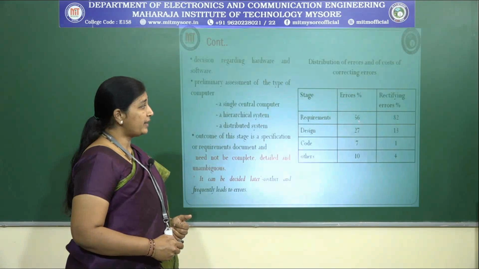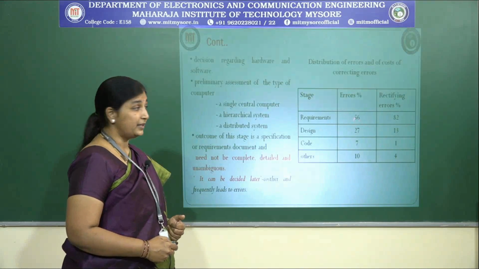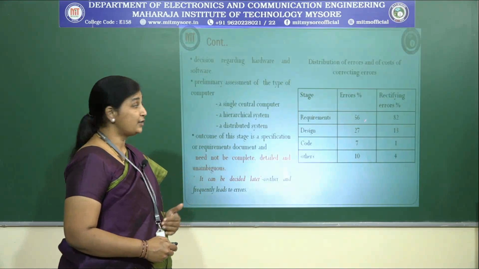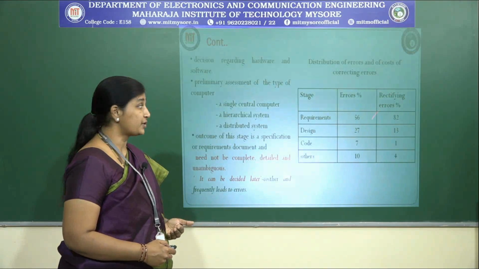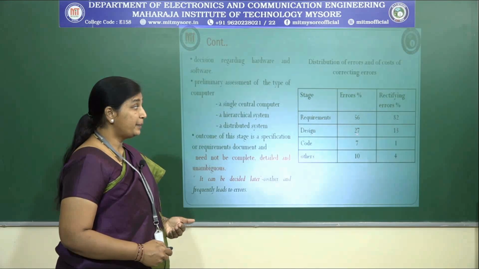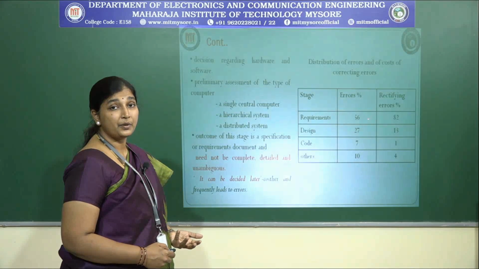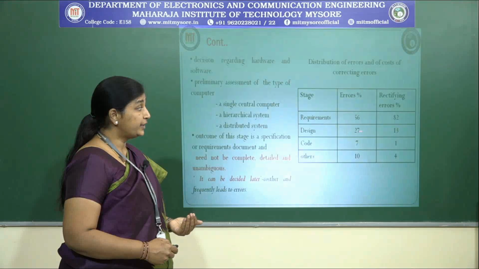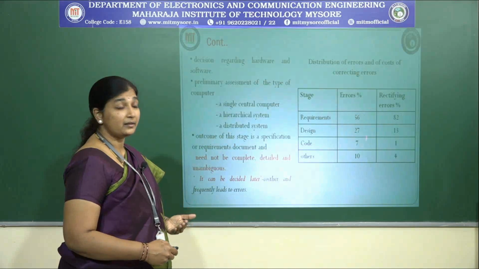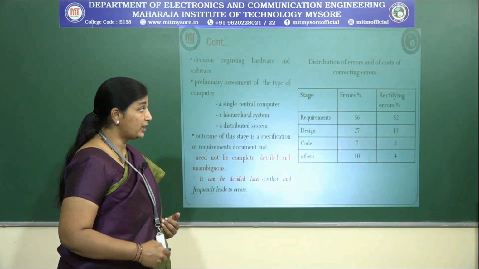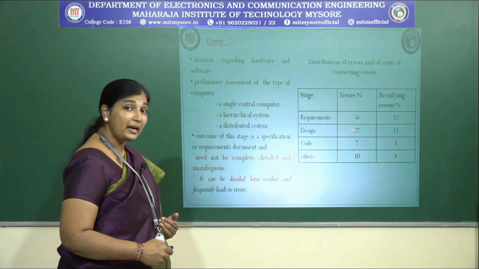So the percentage of error that might be encountered after the planning stage will be 56%. If I consider the error as 56%, then in the designing part it might be just 27%. So without correcting, because you have already said that let us decide later, this is the kind of outcome that is going to happen without your planning.